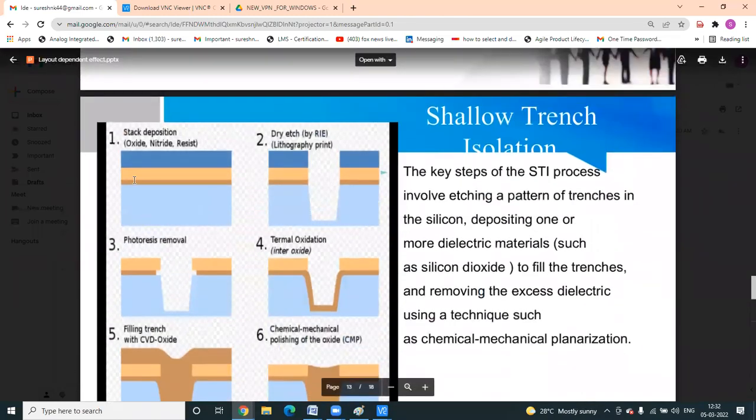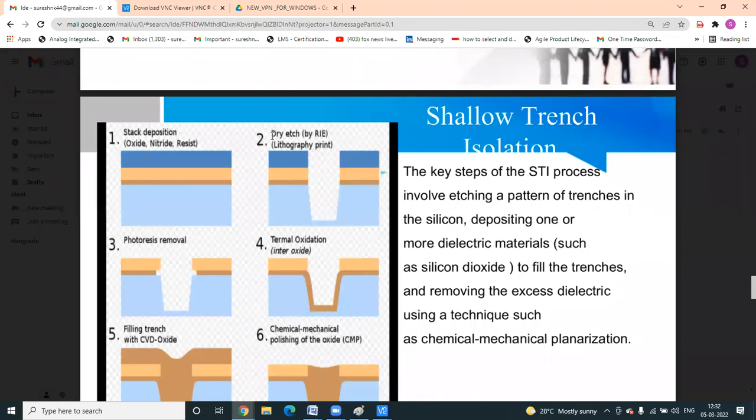This is how it forms. First the substrate is there, above it SiO2 layer, then this green is a photoresist. So you are removing photoresist and SiO2 layer, then you are adding.